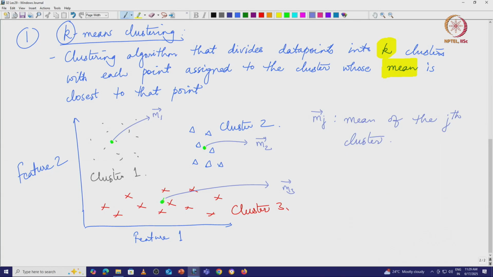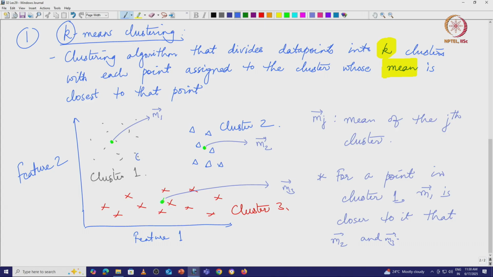and for a point in cluster 1, for example, m1 vector is closer to it than m2 and m3. That is how this works, right, that is the way it works.